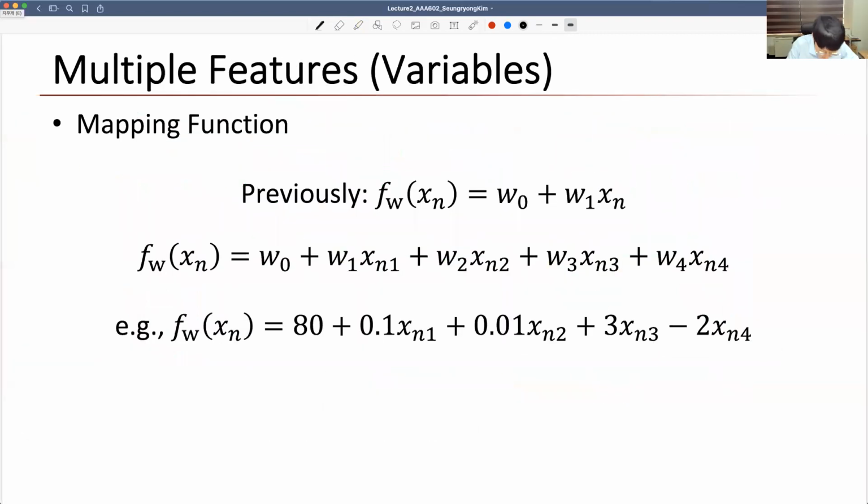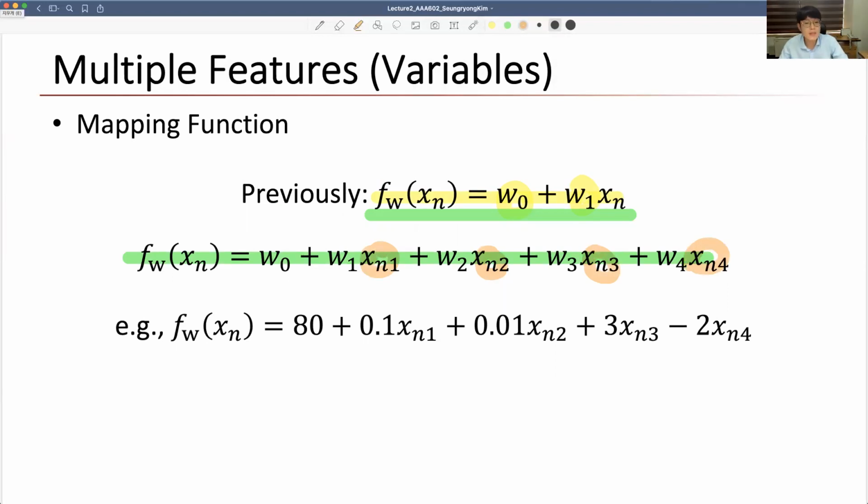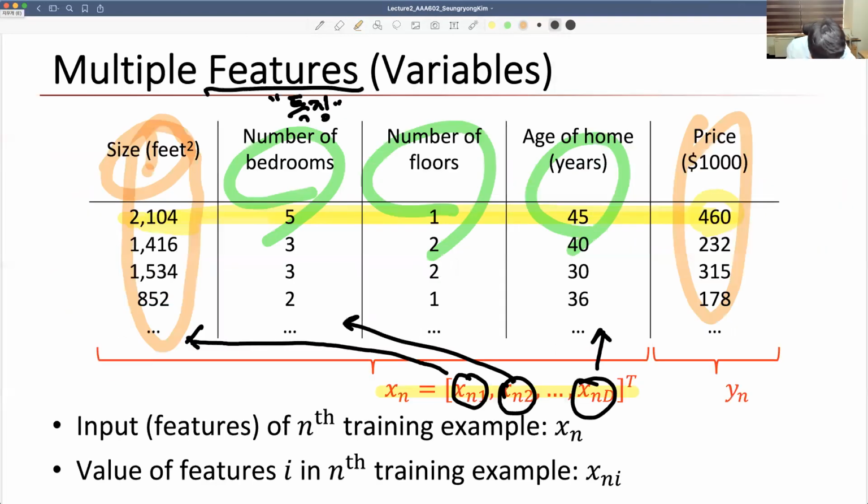Okay, then our previous mapping function, which was defined with W0 and W1, we can generalize this simple linear regression mapping function like this, right? So now we have four feature values, xn1, xn2, xn3, and xn4, like here, right?